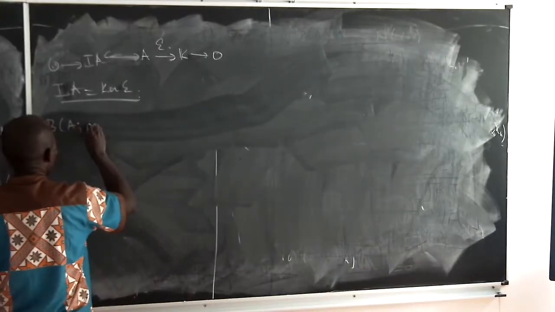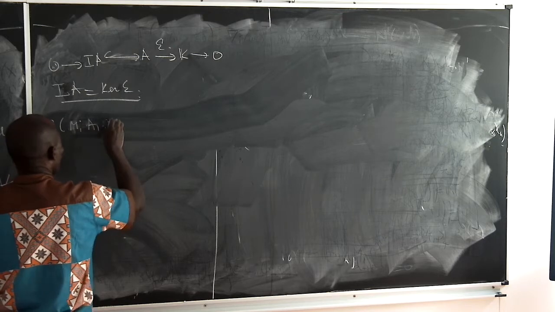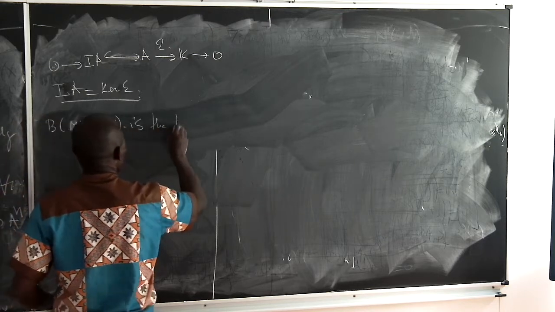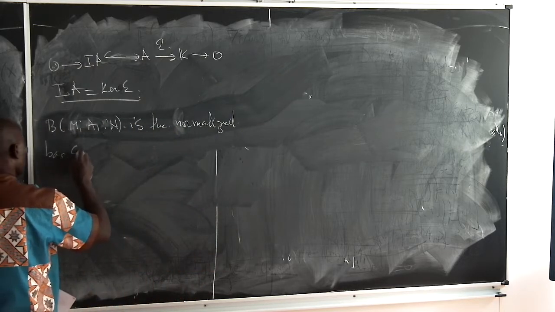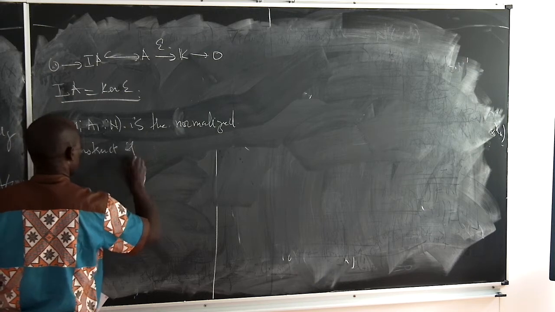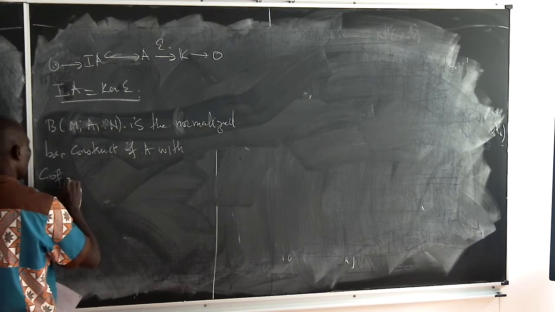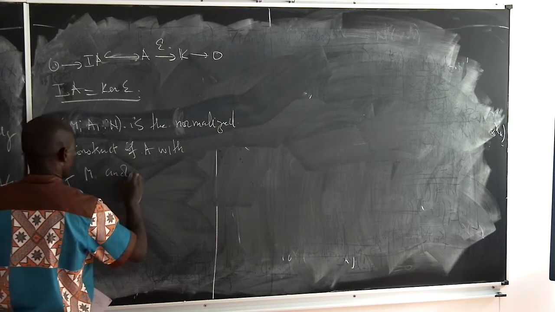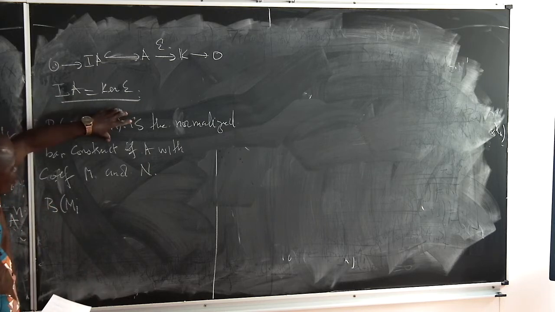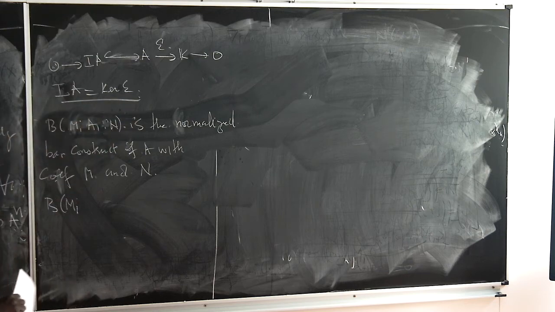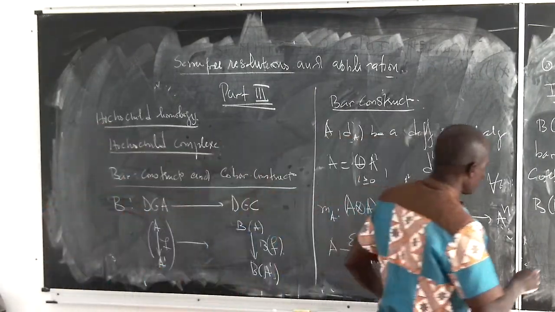With coefficients M and N. The normalized bar construction of A with coefficients M and N. This is a coalgebra, because I told you that B is a functor from the category of algebras to the category of coalgebras. So this coalgebra is defined like this.